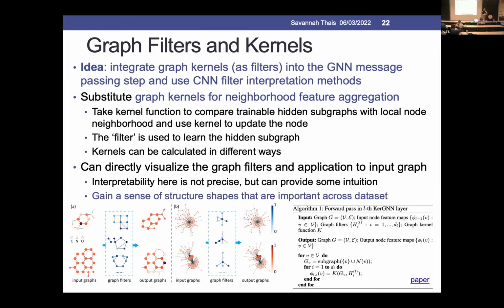So you can get a sense of what structure is important to decision making overall instead of just in one specific case. But again, it's very hand wavy, the same way that visualizing CNN filters is hand wavy. You get an idea, but it's not mapped to a mathematical language.